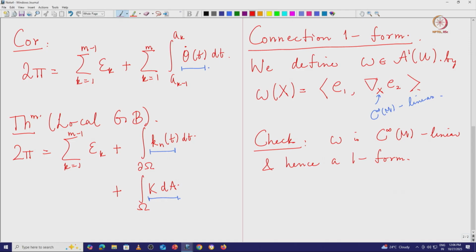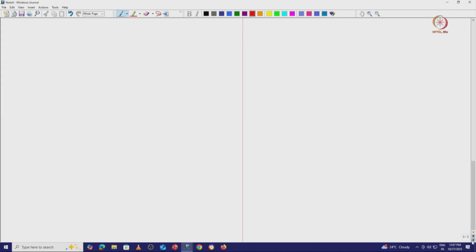But the point is I can now calculate all the covariant derivatives I require using this 1 form omega. Note that because E1 and E2 is an orthonormal frame, the inner product of E1 and E2 is 0 on all of U, which means that if you take the derivative with respect to some x, that is going to be 0.